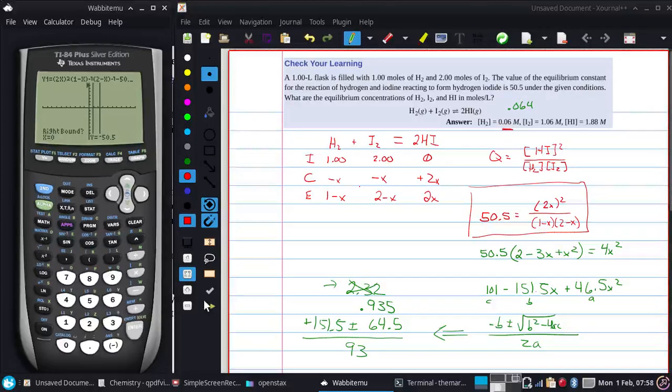And the largest it could be is 1, because if it was bigger than 1, this would become negative. So I just move my right bound up until I have a value larger than 1. And then I'm going to back up and put my guess at 0.9, and I get 0.935 with rounding. The exact same value as the quadratic equation had. But theoretically quicker once you get used to your graphing calculator.